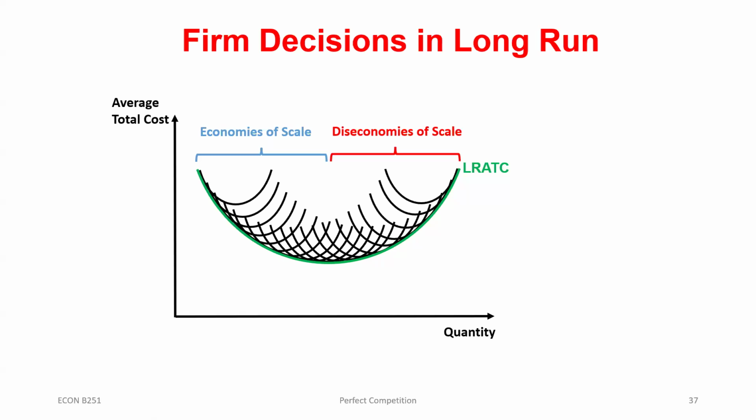I've gotten my average total, or my per unit cost, to be as low as possible. There's no other production facility where I can do that anymore, right? I never want to be on that diseconomies of scale portion. I want to change these fixed factors of production so I'm at the lowest possible short run average total cost curve, which would put me at that minimum point of our long run average total cost curve.